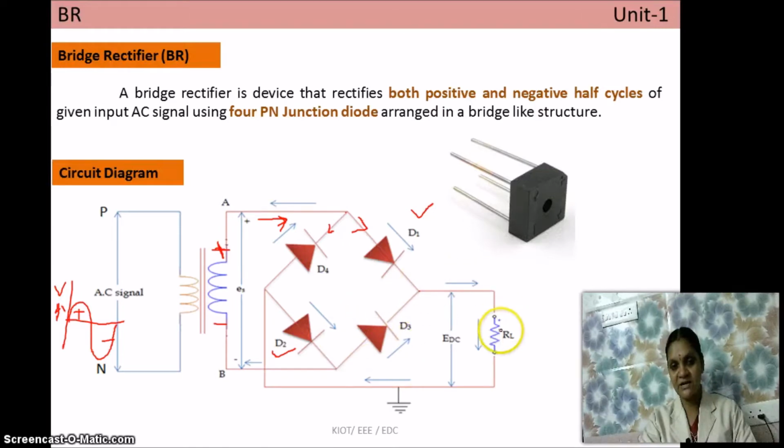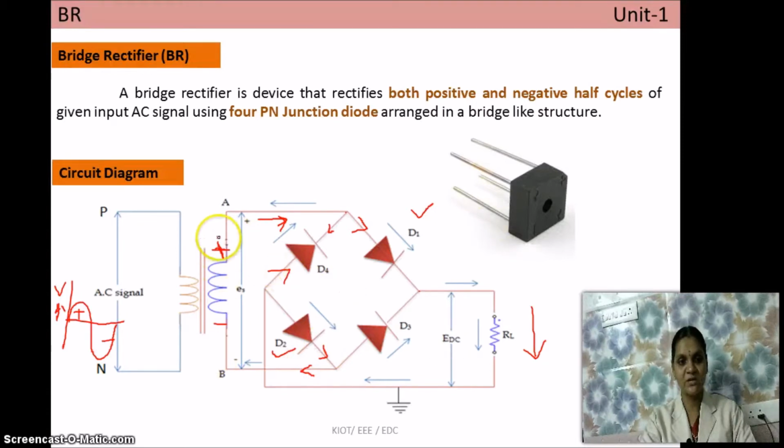Again the current flows through the load resistance RL in the downward direction, and again it comes in this direction. Here again is one junction. On this line the diode is open, so current will not flow. The entire current flows in this direction, and the circuit closes here because this one is also open. So the current flows in this direction and returns to the supply.